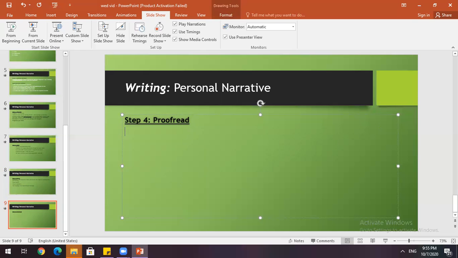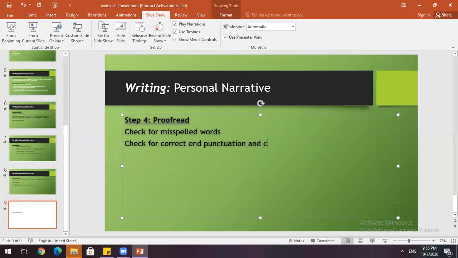So in this stage, we check for misspelled words, correct them now. Check for misspelled words. Check for correct punctuation. We'll make sure our punctuation is correct, and also capitalization is very important.